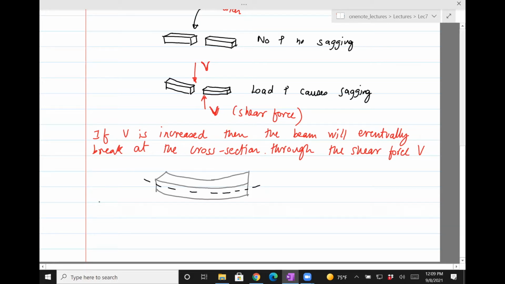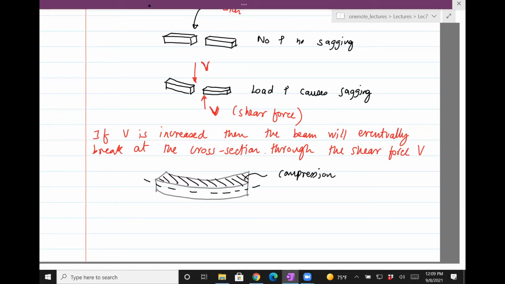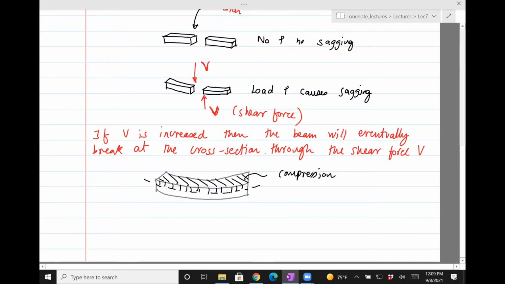And if it curves, then we can say with certainty that the top part of the beam is under compression because its length has decreased compared to its length when it was not loaded. And the bottom part, this one, is under tension.